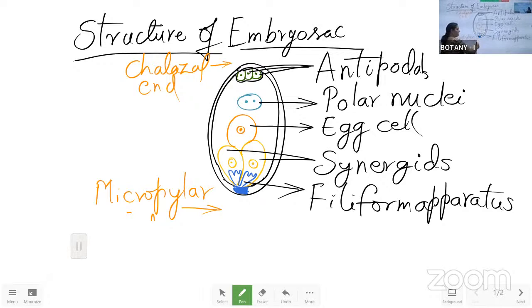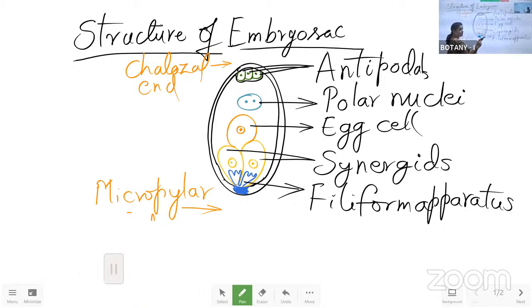So it will release such type of enzymes and it ruptures the tip of the pollen tube so that they can release the male gametes in the embryo sac. So it is not guiding. It makes the free entry of a pollen tube into the embryo sac. If they have written in any material that it's guiding, it's not guiding. It makes the free entry of a pollen tube into the embryo sac.